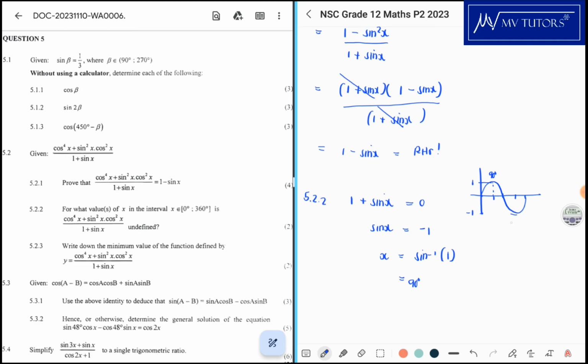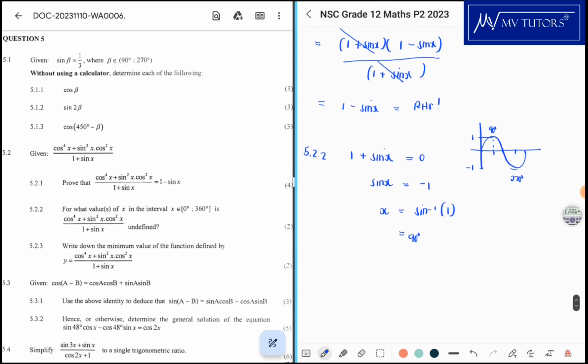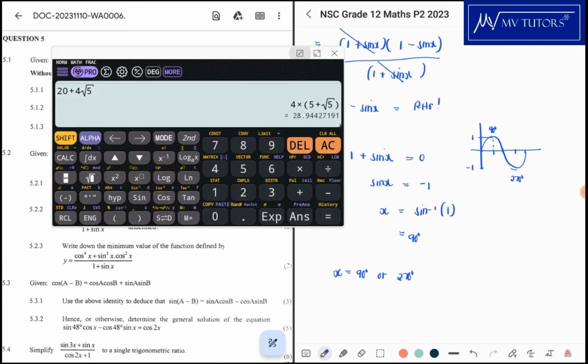So you know at -1, that's where you have 270. So basically, what values of x make it undefined? It's basically where x is 90 degrees, or it is also 270 degrees. And if you're not sure, you can go and test.